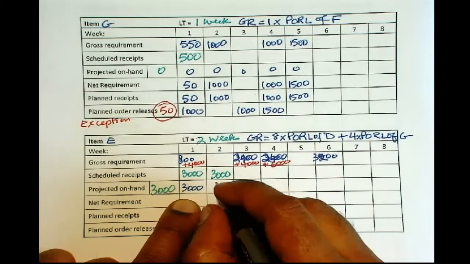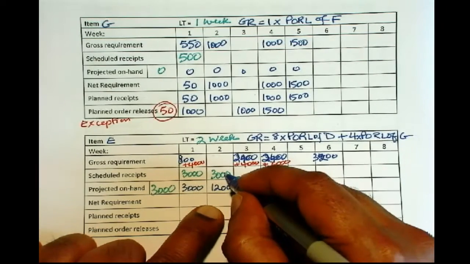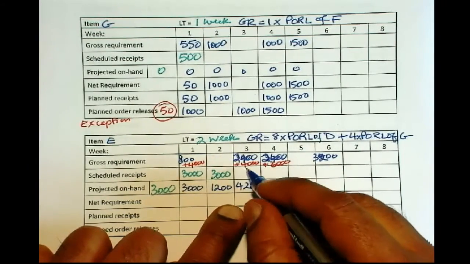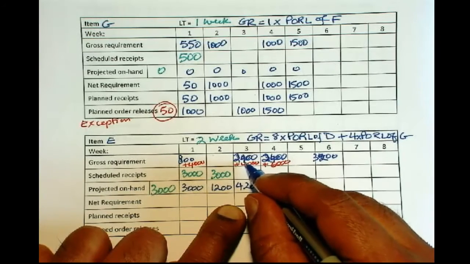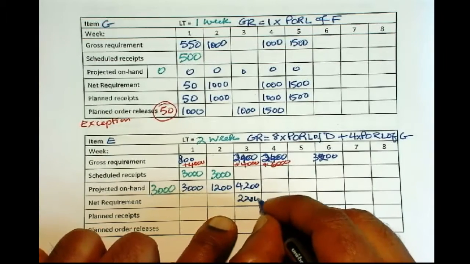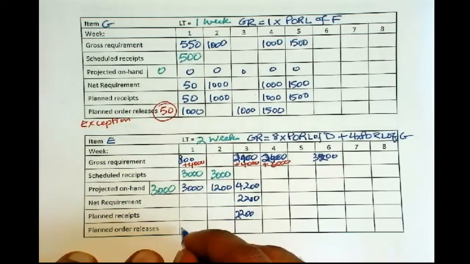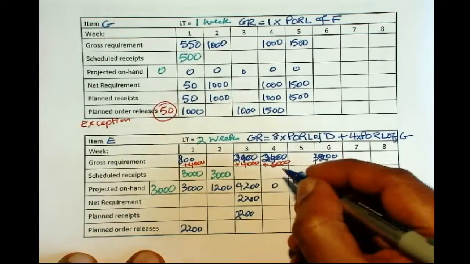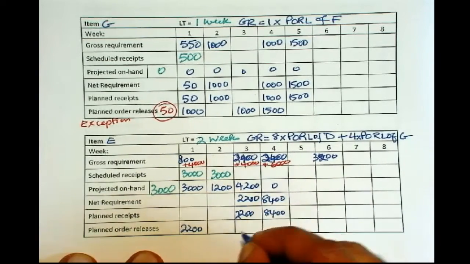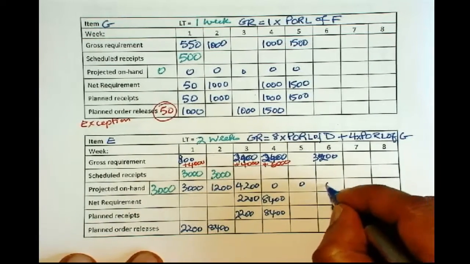So you're left with 1,200. 1,200 plus 3,000 gives you 4,200. 6,400 minus 4,200 will give you 2,200. 2,200 must be made available, 2 weeks lead time, and 8,400 is the requirement for that, and then 3,200.